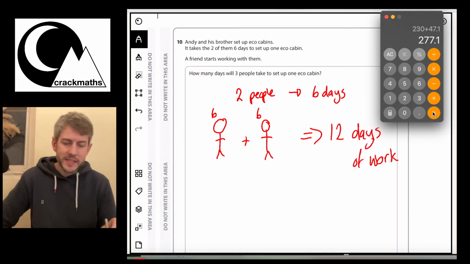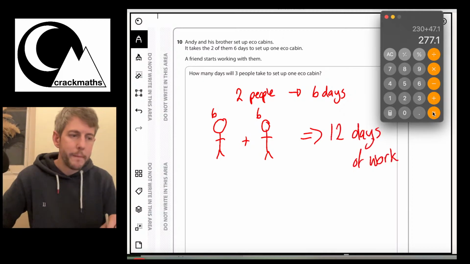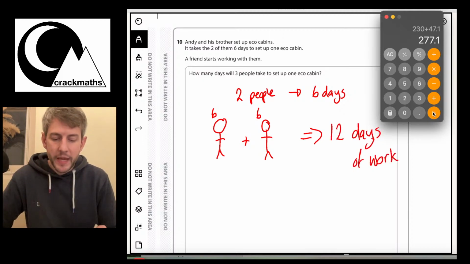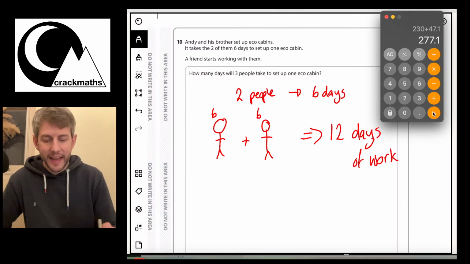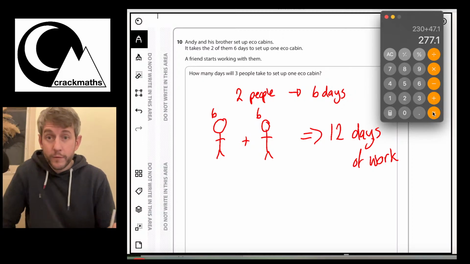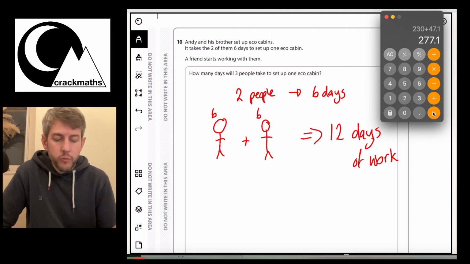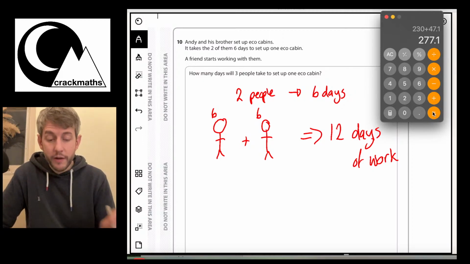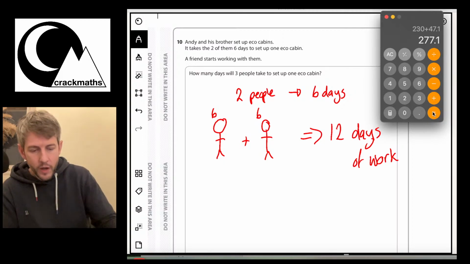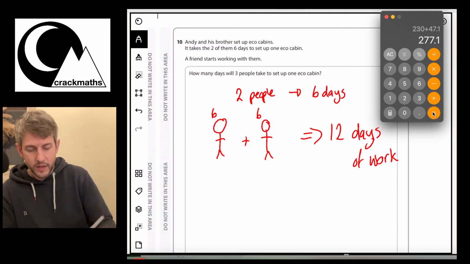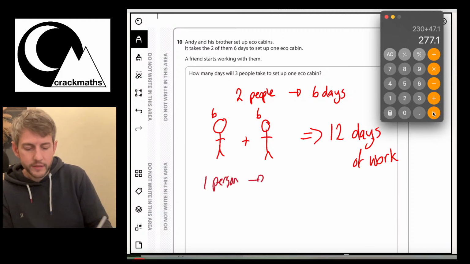Okay, so this is the key to this question. You've got to remember that the 2 people are both working for 6 days, which means altogether they're collectively putting in 12 days of work. Now, if we share that 12 days between 3 people, we get how long it's going to take 3 people. So if 2 people take 6 days, we know that one person would take 12 days, because there's 12 days of work.